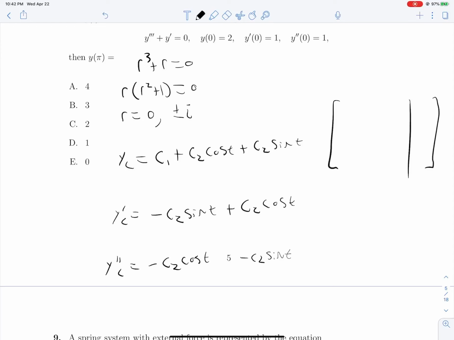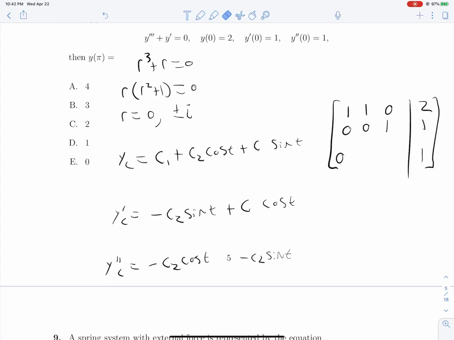Y at 0 will be 1c1 plus 1c2 plus 0c3 is equal to 2. Y prime, and I'll fill in these 1 and 1. Y prime will be 0c1 minus 0c2 plus 1c3. Sorry, I wrote the wrong thing.